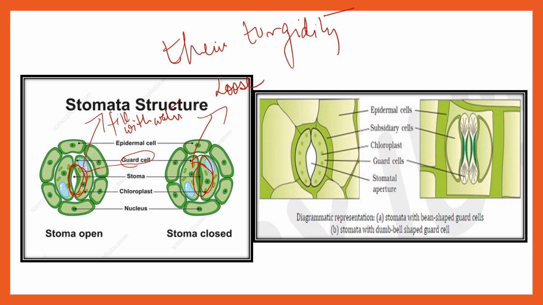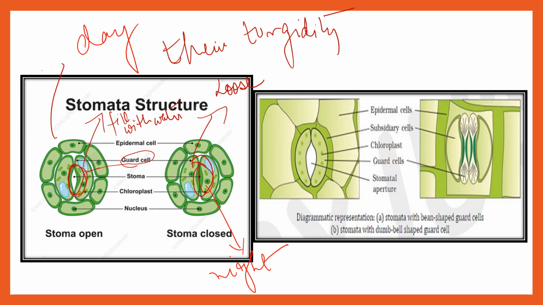So normally it remains open during the day, and at night it will be closed. These are the general conditions of stomata, because photosynthesis happens in the presence of sunlight, which is in the daytime. So during the day the stomata is open and at night it is closed.